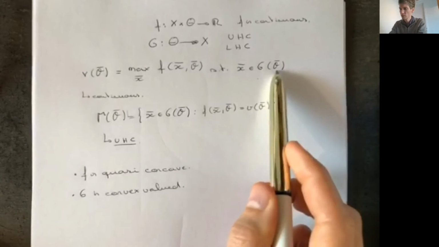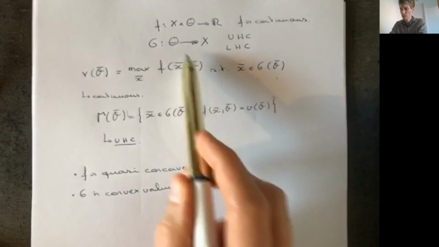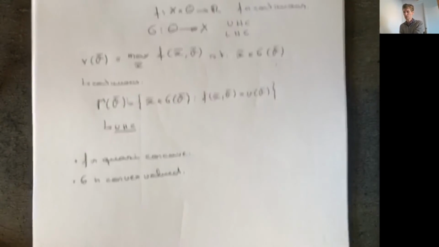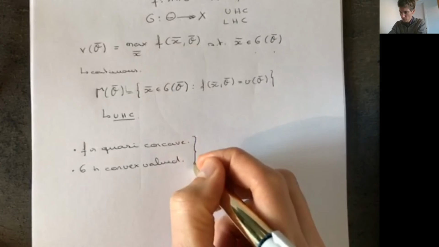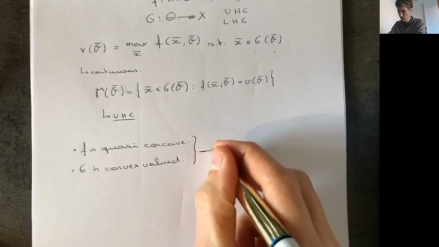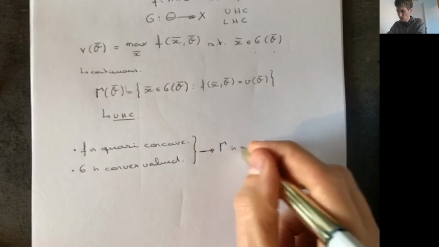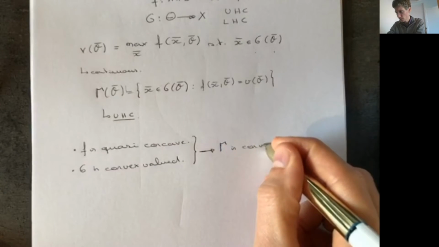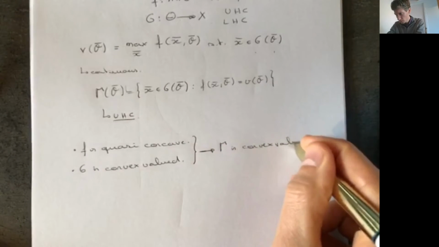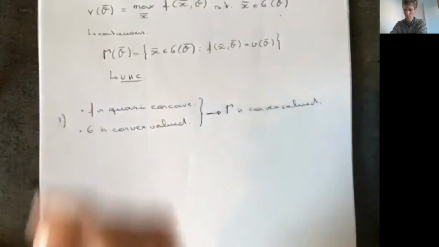So for any theta, G of theta is a convex set in X. Well, if these two conditions are satisfied, then we can show that gamma is also convex valued. So that's the first thing that we're going to show.